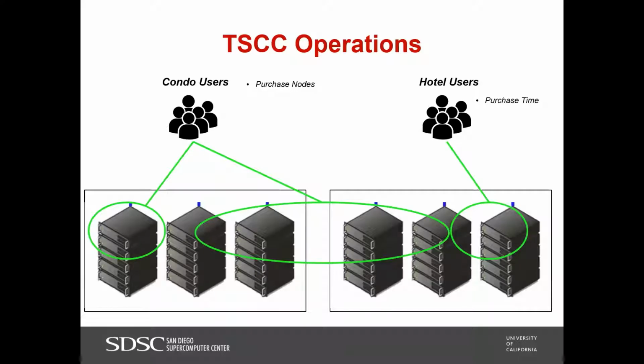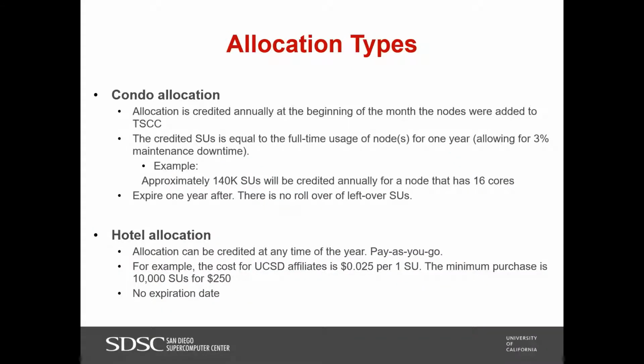And remember the picture Shubha showed us earlier. We have condo users and we also have hotel users. They are two different programs. They all need allocations to run jobs on TSCC, but there are two different types of allocation.